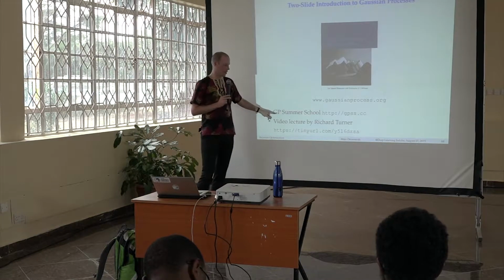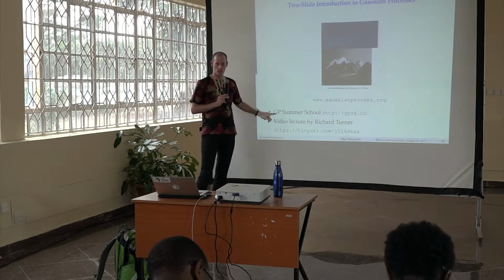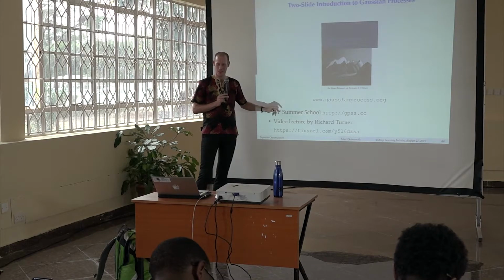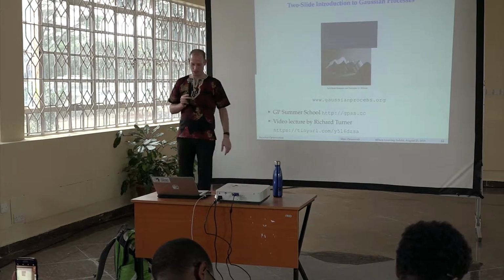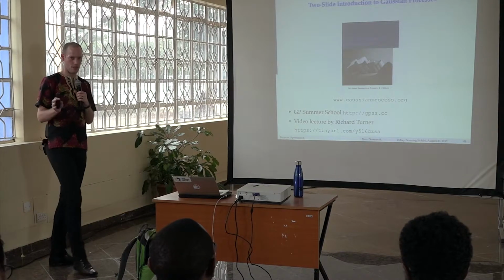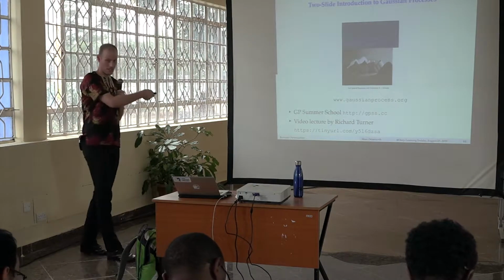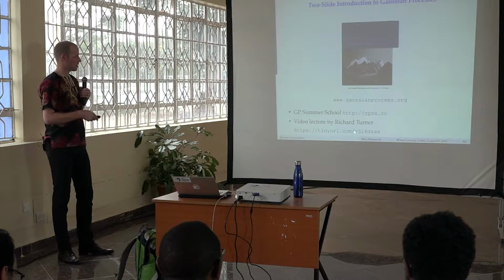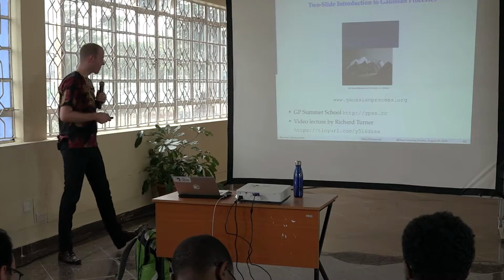There is also a Gaussian process summer school, similar to the Deep Learning Indaba, with 2 or 3 days just on Gaussian processes. There's also a really nice video lecture by Richard Turner, so I'll make the slides available so you don't have to write it down, or if you want to take a picture, it's fine. The video lecture is actually very nice.